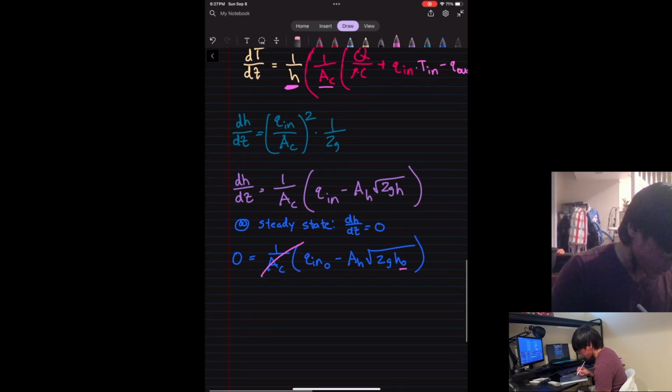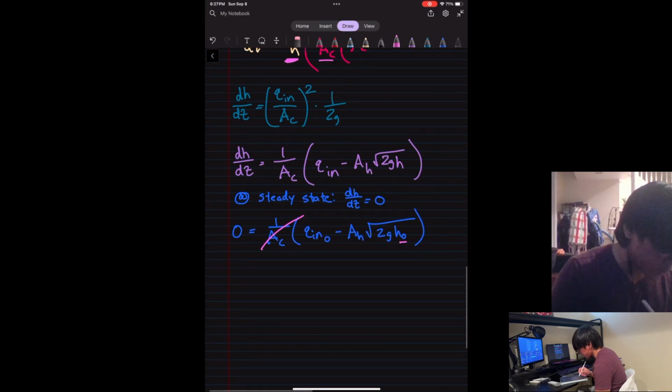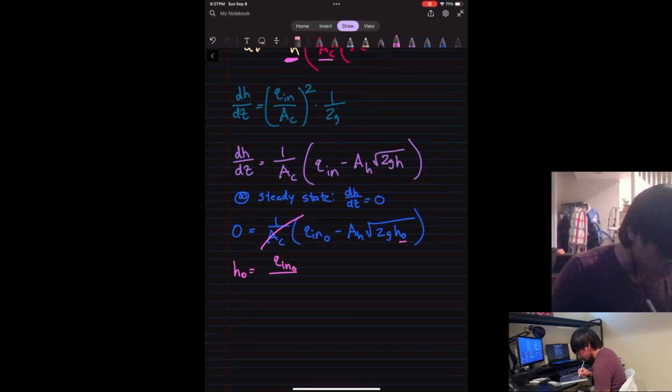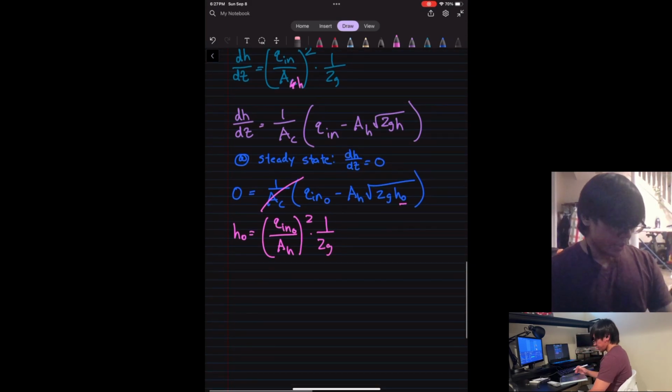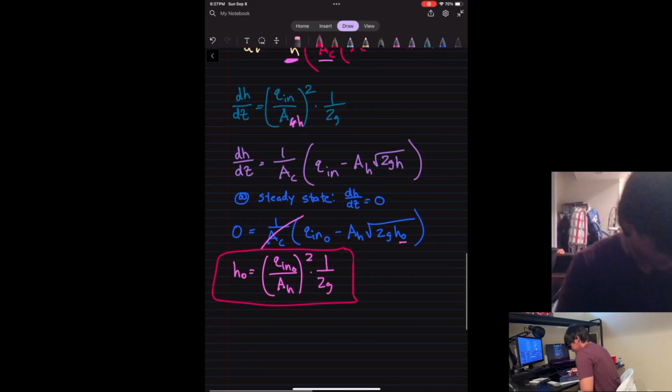So if I remember correctly, isolating, our constant multiple on the outside gets canceled, and then we have something like Q in over AH, cross-sectional area, squared. Yep. Oh, see, I was wrong. It is not AC, it's AH. So good thing I derived that. All right, so we'll be using that as our initial height term. I could have just gone back, but whatever.